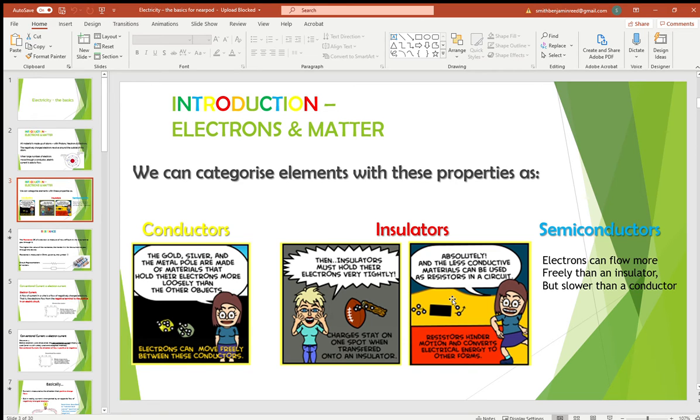In fact, they get stuck and just stay in place. And then semiconductors are somewhere in between a conductor and an insulator. They do allow electrons to flow, but not as quickly as a conductor allows electrons to flow. So semiconductors can be incredibly useful in different scenarios, especially for capacitors, which are used in electricity a lot.